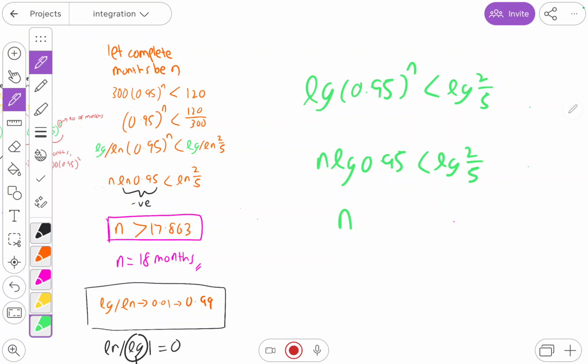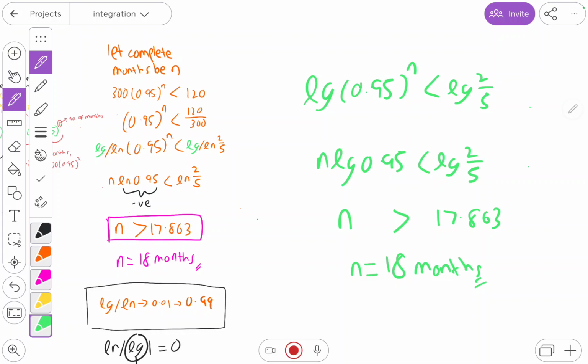So n will be log 2 over 5 divided by log 0.95, which is 17.863, right? You press log 0.95 and the calculator gives negative. You flip the sign and n is 18 months.